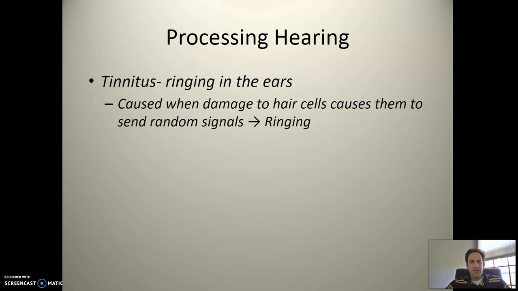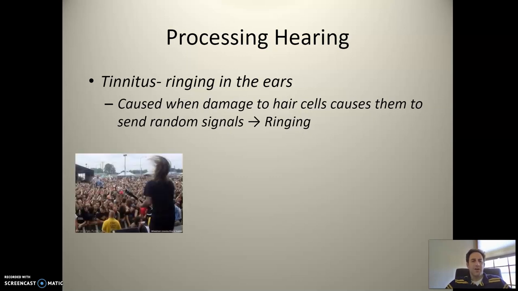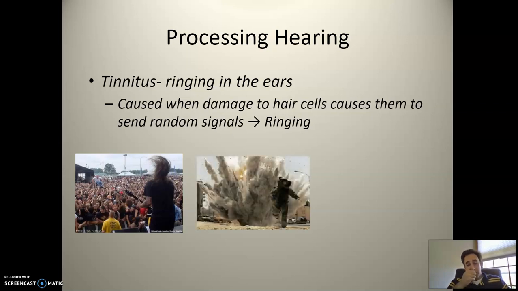So what causes the damage to the hair cells? Well, there's a couple things. One, rock concerts. We know that the volume at a typical rock concert is too loud to be safe. And so cool kids, when they go to rock concerts, wear earplugs. Wear your earplugs, children. If you're going to a lot of rock concerts, that for sure can do it. Soldiers in a war, if they're near an explosion, that could be instant tinnitus, one shot.